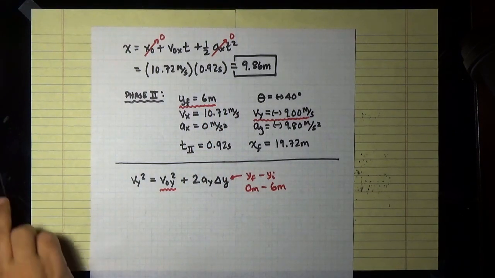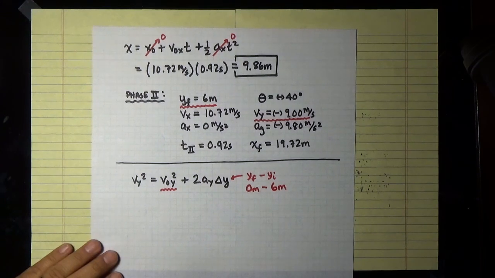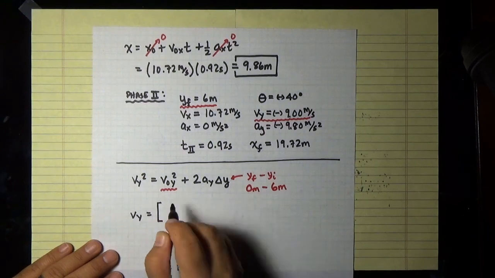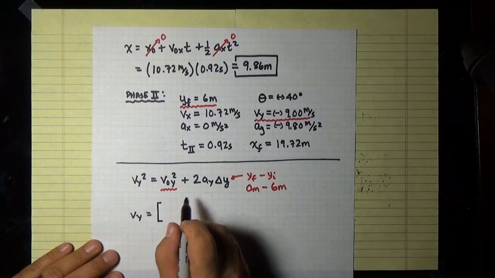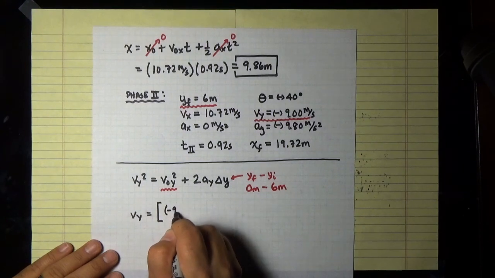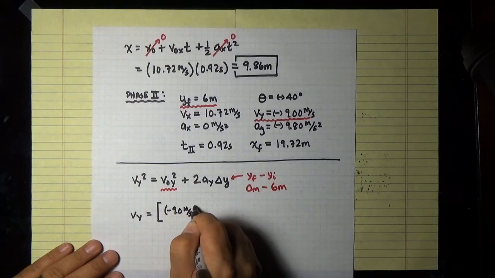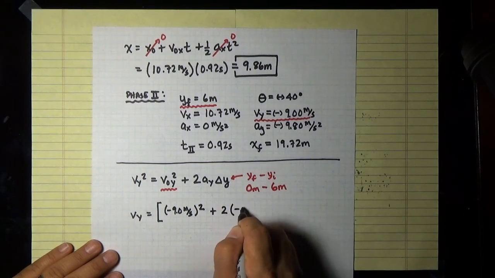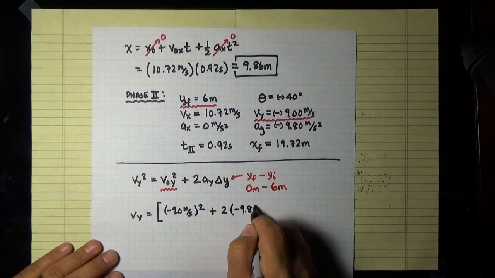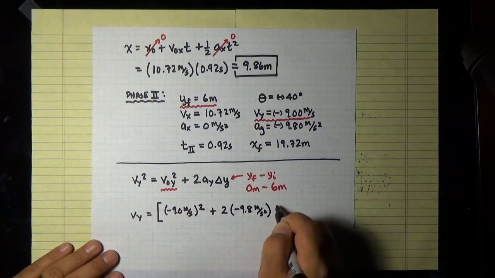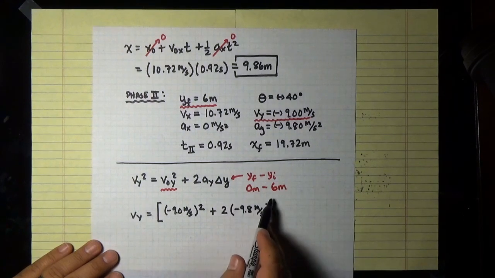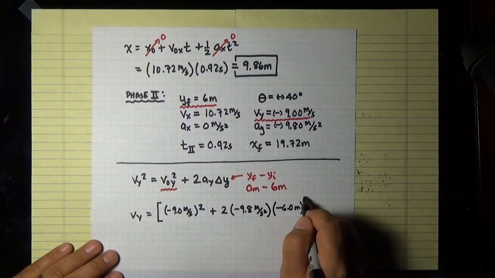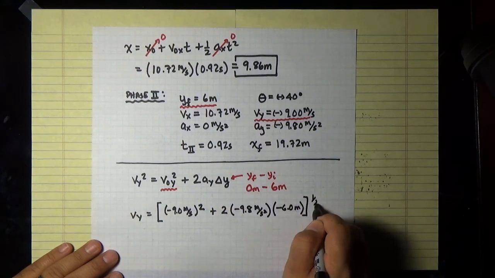If I put in all of those numbers, Vy is equal to the square root of V naught y squared, that is (minus 9.0 meters per second) squared, plus 2 times the acceleration due to gravity, 9.8 meters per second squared, times delta y, which we found was minus 6.0 meters, all to the 1/2 power.